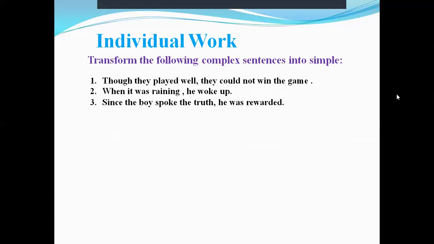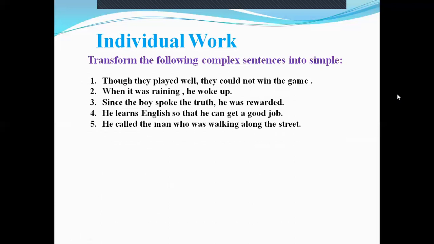Number 3, since the boy spoke the truth, he was rewarded. Number 4, he learns English so that he can get a good job. Number 5, he called the man who was walking along the street. Okay, think over the matter and write the answer in your exercise book.